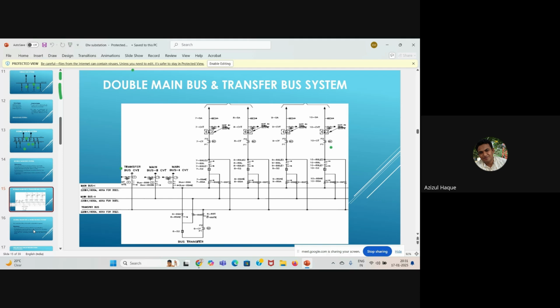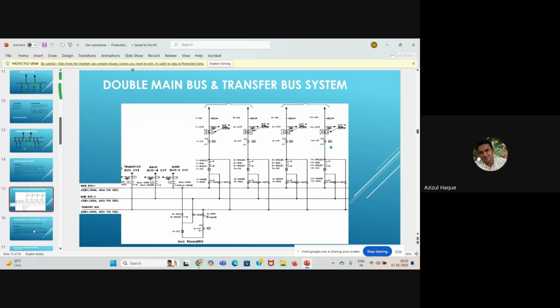Power is flowing through this main bus, through this breaker to the transfer bus, and from this transfer bus to this line, bypassing the isolators of main bus 1 and main bus 2 and the breaker. So basically this line is connected to main bus 1 through this transfer bus coupler breaker.